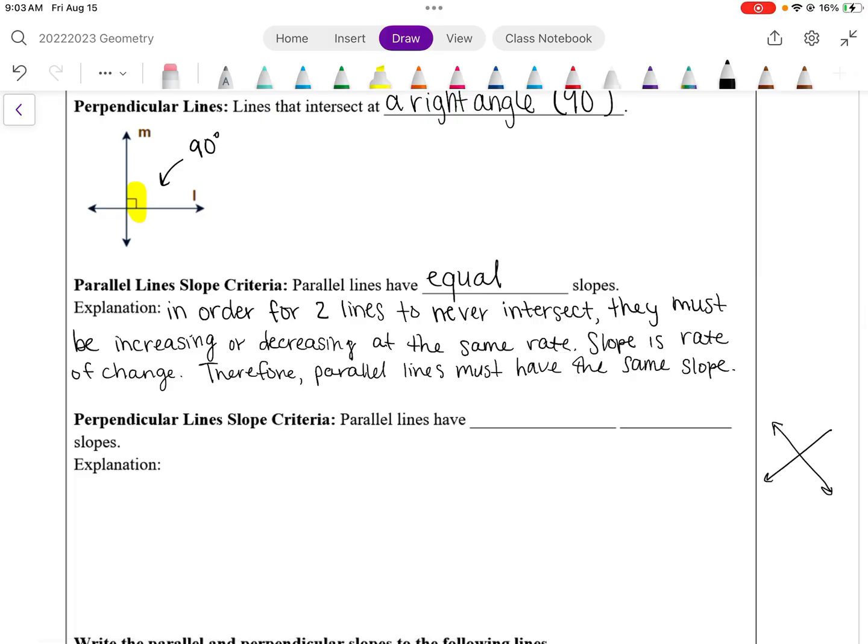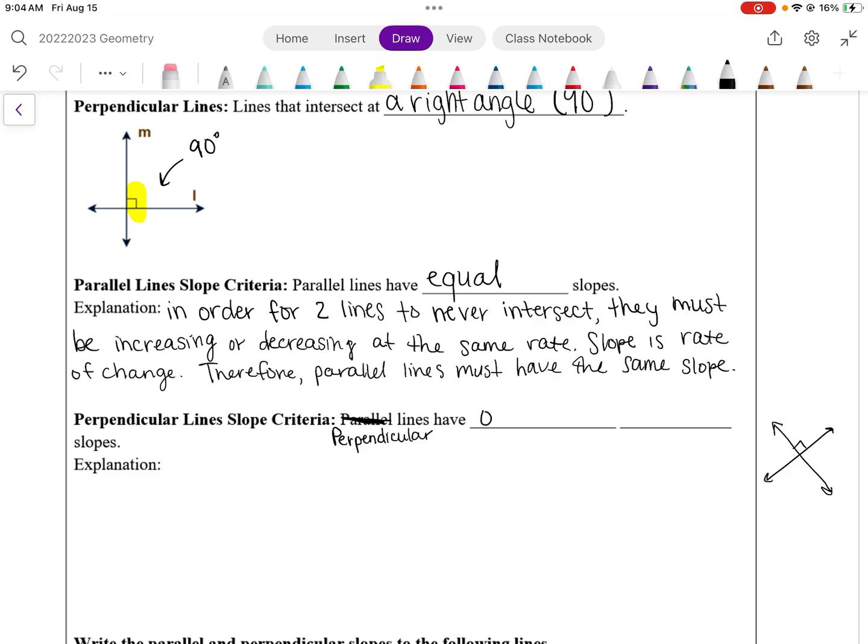Okay, let's talk about perpendicular lines. So perpendicular lines are the ones that are going like this. Okay. Ooh, there's a typo here. I keep finding typos in my notes.